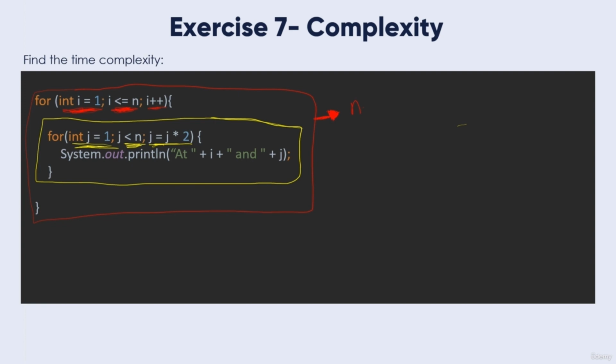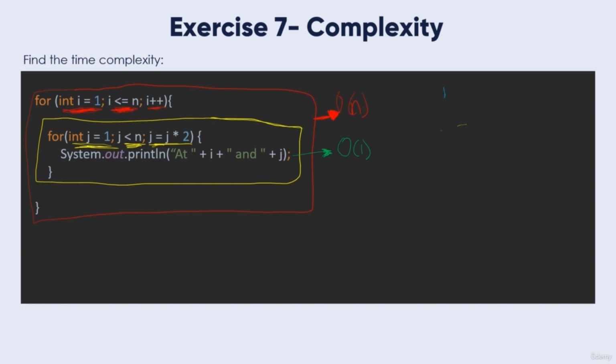But I will repeat it. Think about n. I will take n as an example and put it as 8, okay? But let me first say that this would result in O of 1, and this O of n, okay?